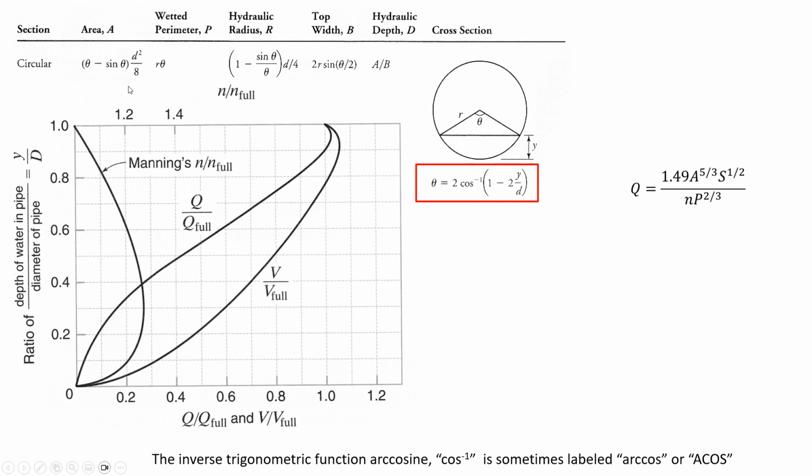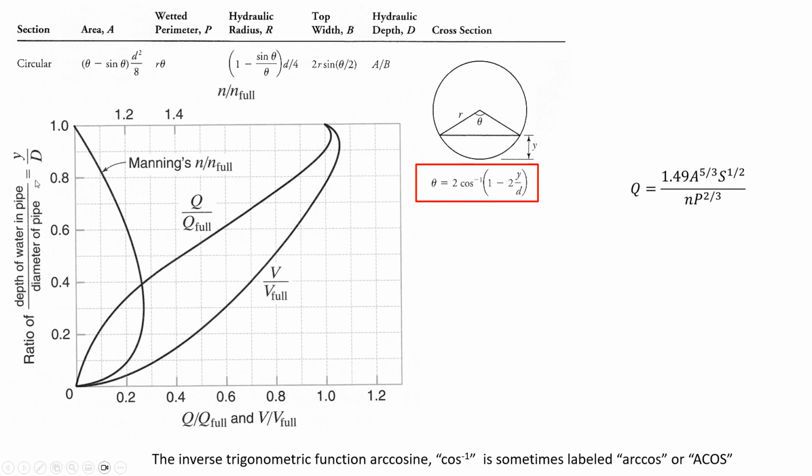Look at the top axis here. The top axis is saying the ratio of n to n full. So what it means is, on the vertical axis over here, if you look, it's the ratio of the depth of water to the diameter of the pipe.